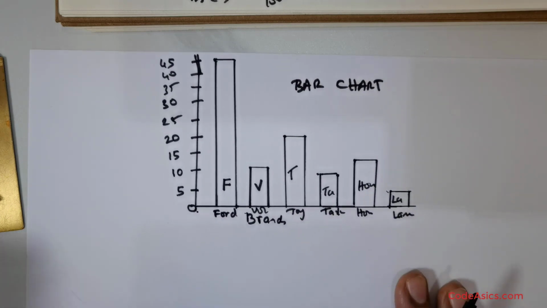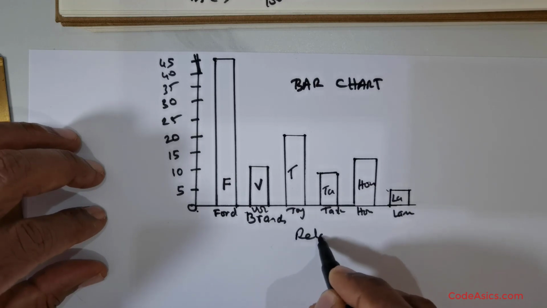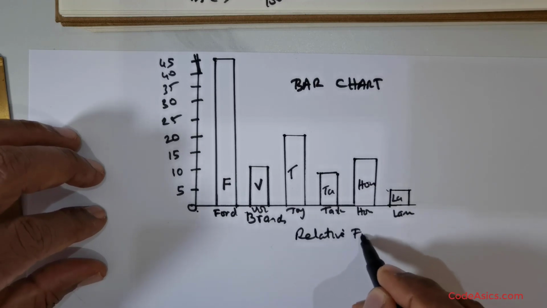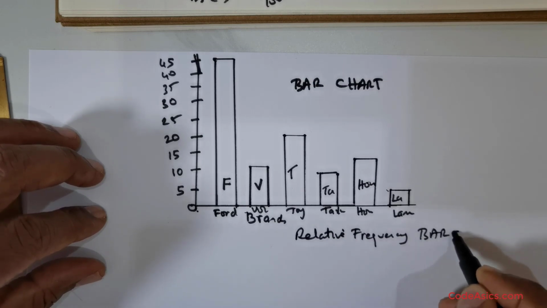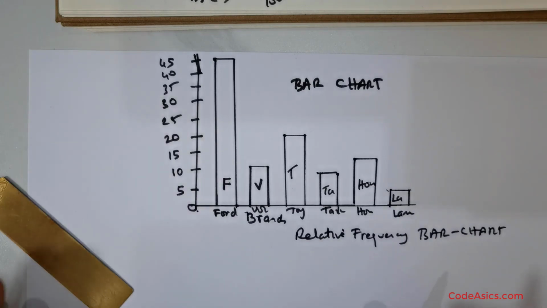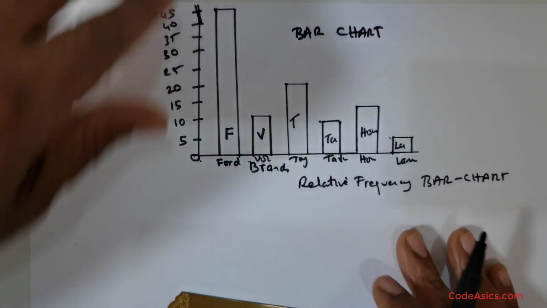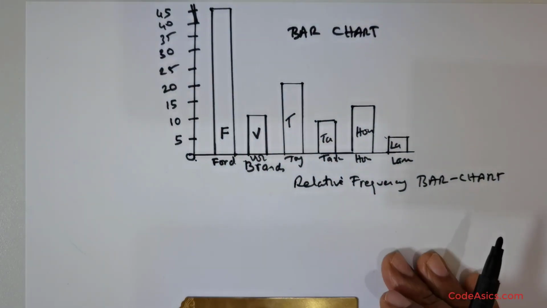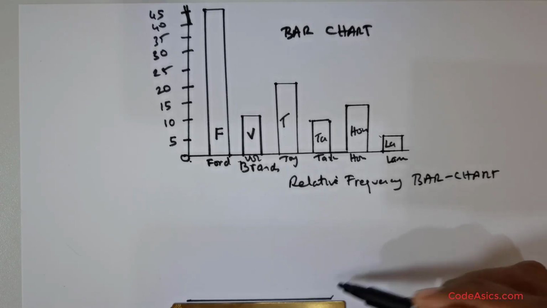Okay, so that is about this representation. Now you can also give a representation for, I should say, relative frequency distribution. So this is going to be relative frequency bar chart, right? You can also do that. So for that, you need to draw the same representation, and you need to have a different y-axis.